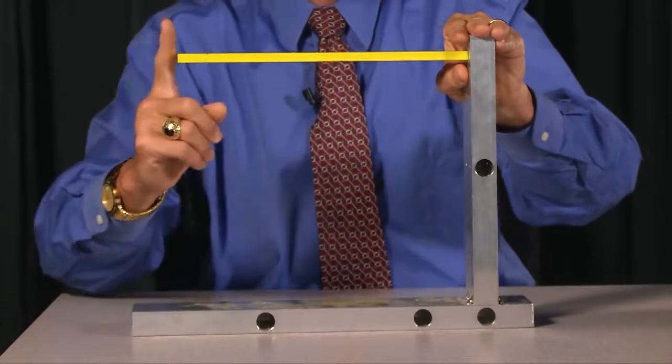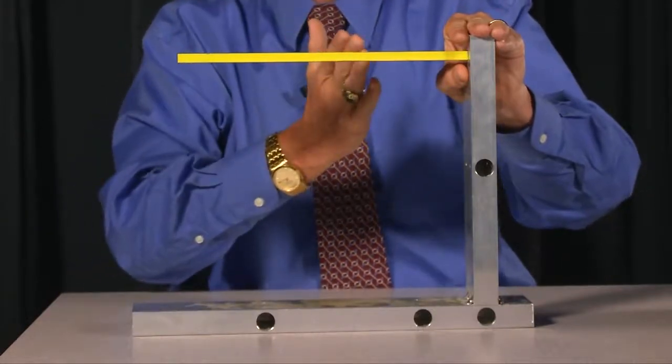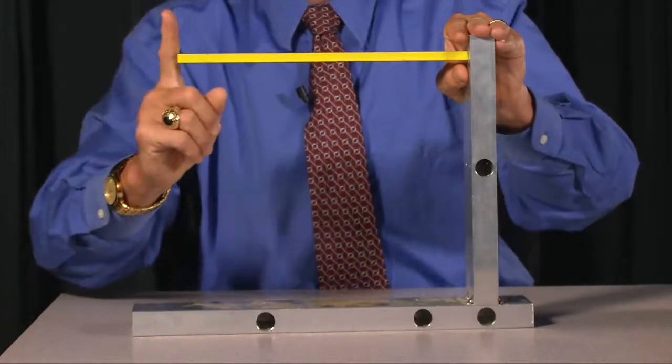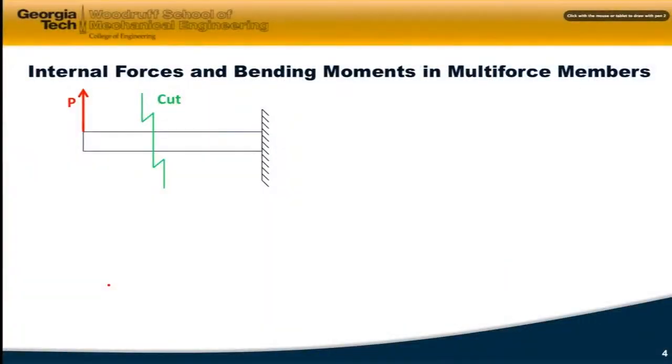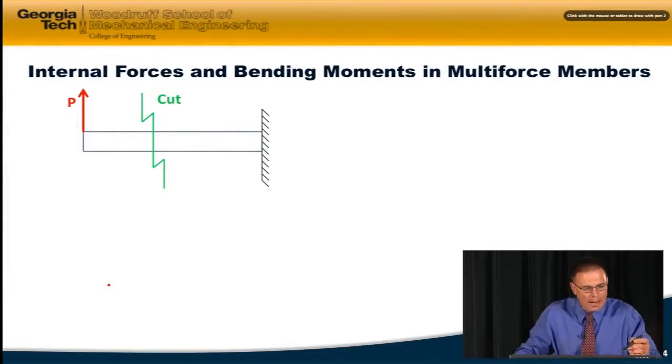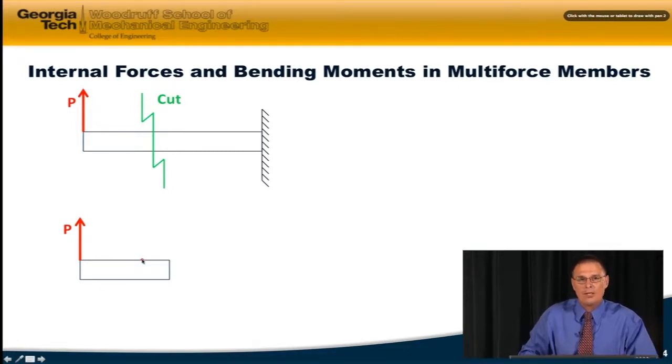And as I said before, that's going to be very important when we go to design this beam for certain loading conditions. And so let's go back and make a cut somewhere along that beam. We'll just look at it generically. And when I do that, I'm going to go ahead and look at the portion on the left, and that portion has to be in static equilibrium, just like the overall structure.